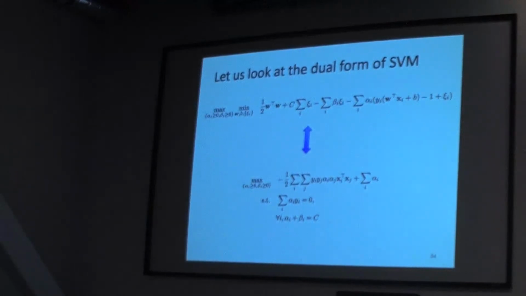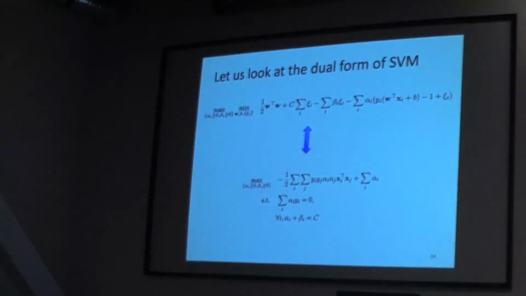You can try to do that; I highly encourage you to do that. It's just some algebraic operations. It is a double summation over training examples: y i, y j times alpha i, alpha j, and the inner product between every pair of training inputs x i and x j, plus the summation of alpha i.